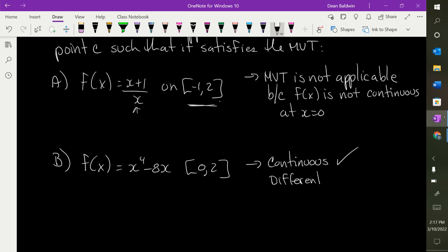Is it differentiable on 0, 2? Remember, when was the function not differentiable? If it had asymptotes, well, you can see it doesn't have any because we don't have any variables in the denominator. So that excludes asymptotes and all that kind of stuff.